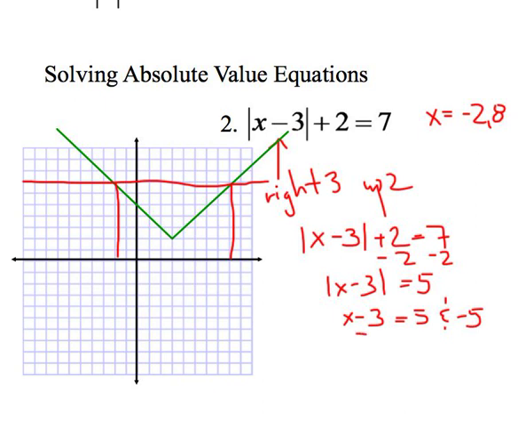And you'll notice that if I add 3 to both of my solutions of 5 and -5, I'm going to get x is equal to 8 and -2. Right? So you could solve for x without having to graph every single time.